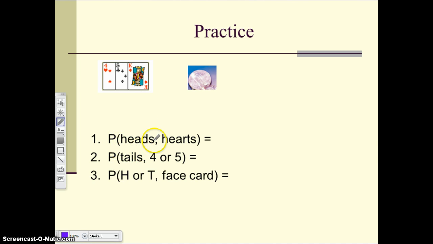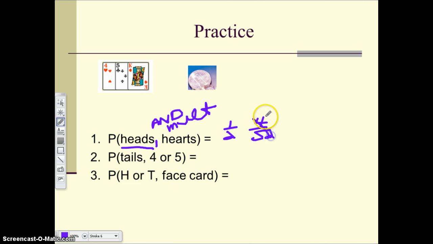Okay. So in this case, what is the probability of flipping a coin and getting a heads? And notice there's just that little comma, so that's an and that means we are going to multiply. Probability of a heads is 1 in 2. The probability of drawing a heart is 4 in 52.